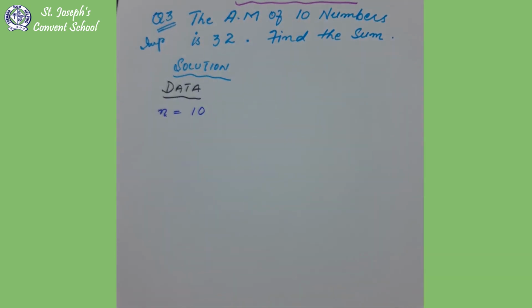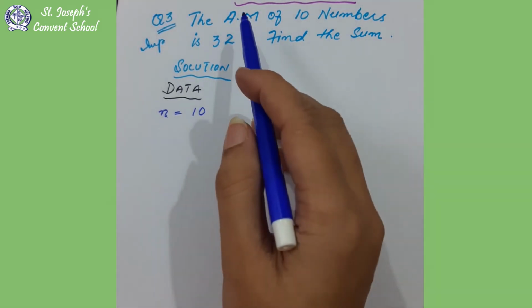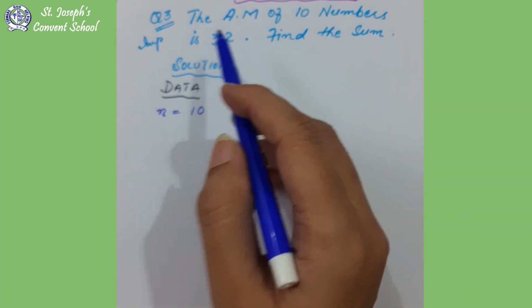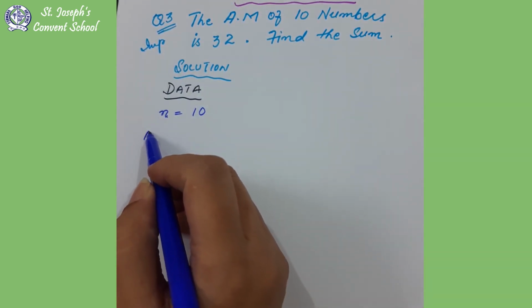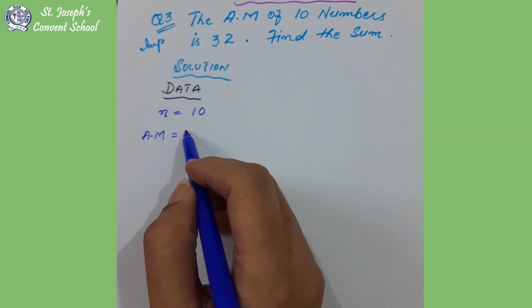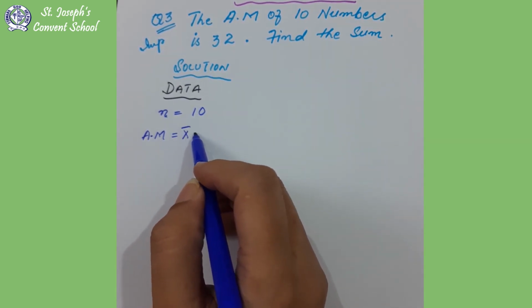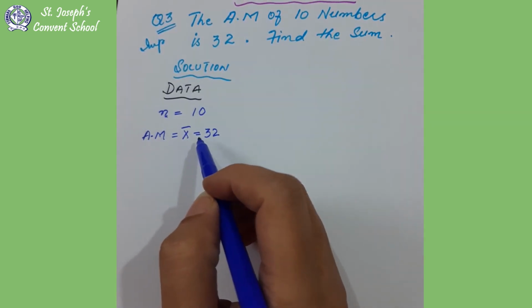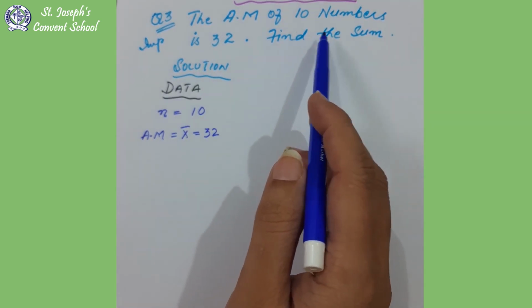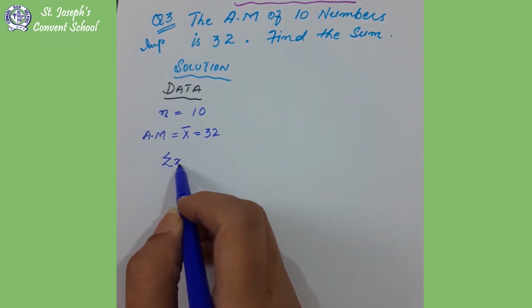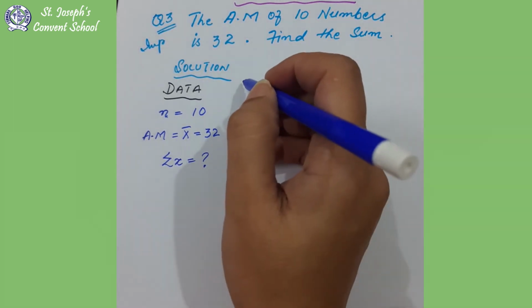The arithmetic mean of these numbers is 32, so AM, or x bar, is 32. What you have to find is the sum, which is sigma x. So this is the way you are going to do it.